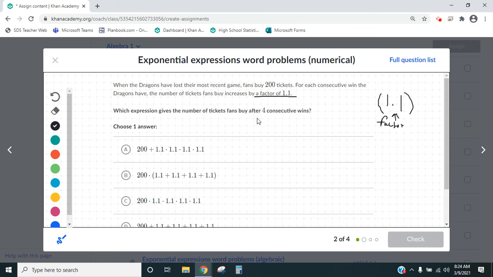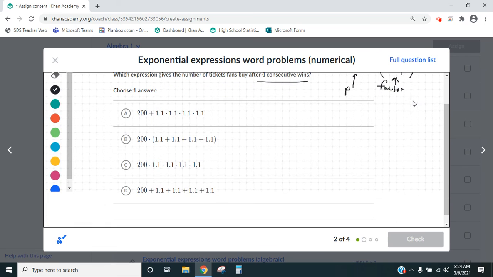How many wins? 4. So it's increased 4 times. What did it start off as? 200, right? So we have our beginning amount, our principal, we have our factor, and we have however many times it happens.